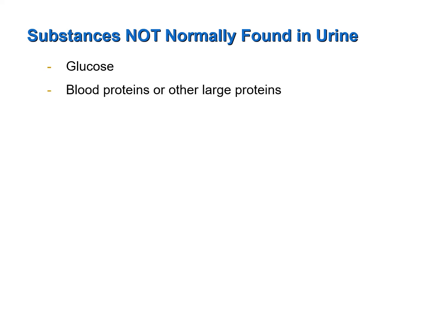Blood proteins, other large proteins, red blood cells, white blood cells, hemoglobin, that if you recall is a protein, all of these substances are too large to be filtered from the blood, and therefore you would not expect them to be found in urine.